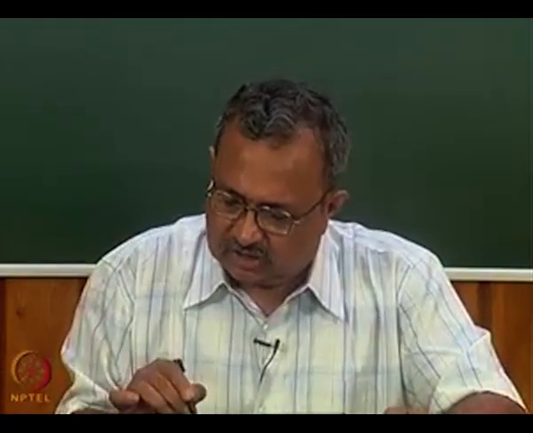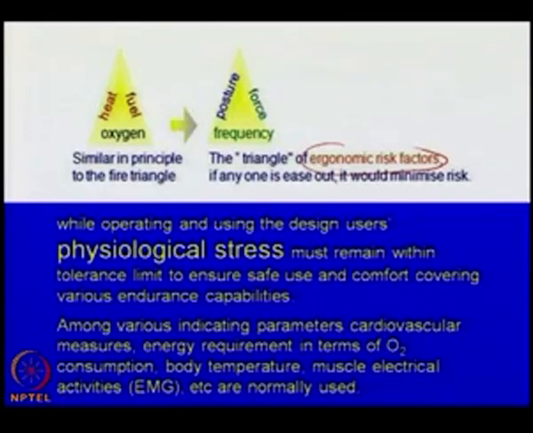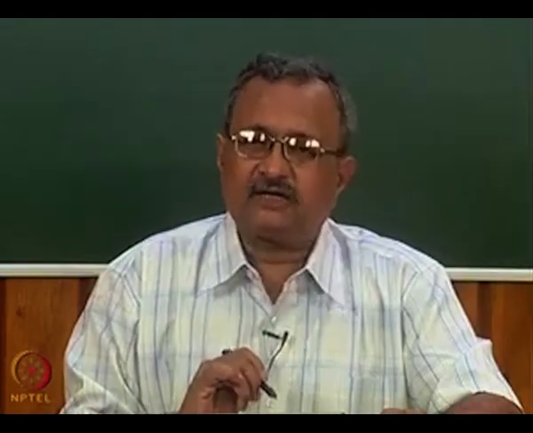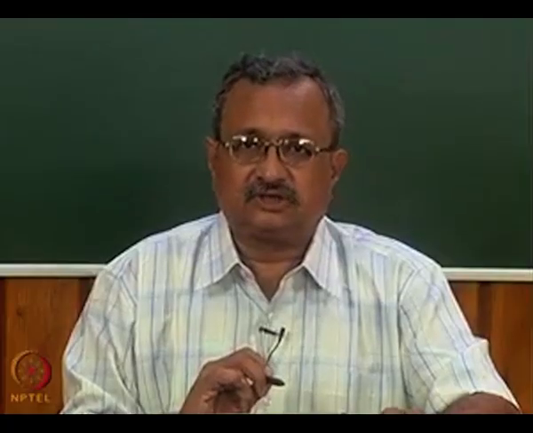Now, if we see the ergonomic risk factors, we can explain from a fire triangle principle that heat, fuel and oxygen, if any one or all three together, if we reduce its intensity, then the total fire intensity also decreases.